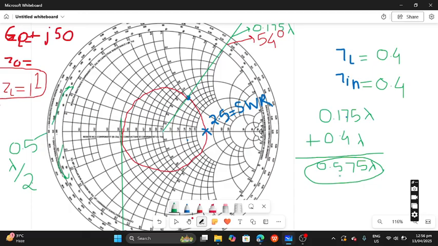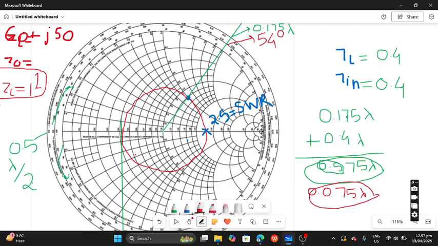So now as you can see we have to look at this point on Smith chart, but you can't, because the maximum you can get on Smith chart is 0.5. So what you will do now, you will replace this 0.5 by 0, because if you subtract 0.5 from it, you will get the value 0.075 lambda.